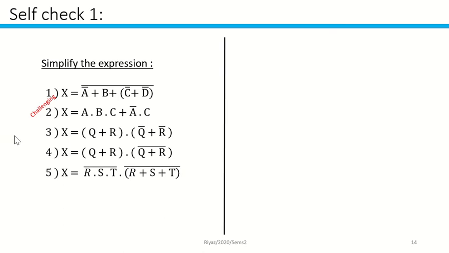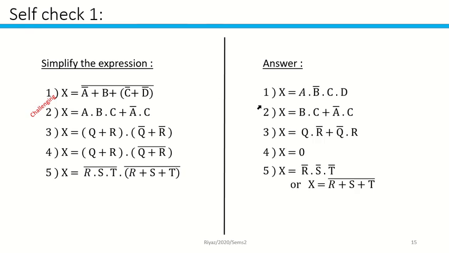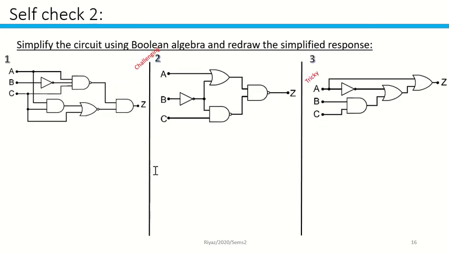So this is a self checkup, so you can have a look and practice on this particular one. To ease you up, I do provide some answers, so have a look. Number 2 is going to be a little challenging. This one is to simplify the circuit using Boolean algebra and redraw the simpler circuit.